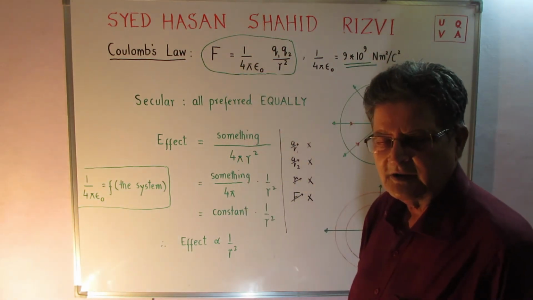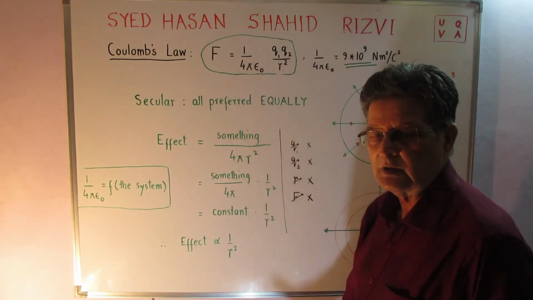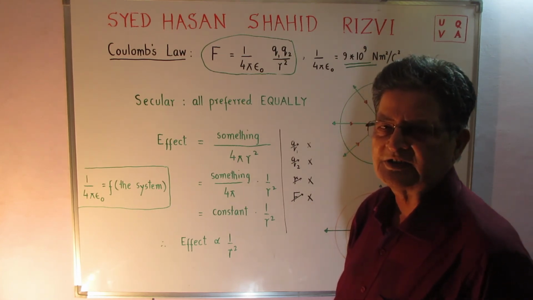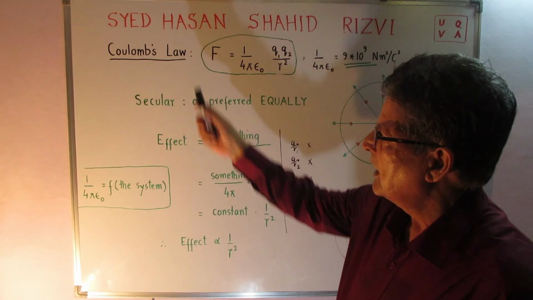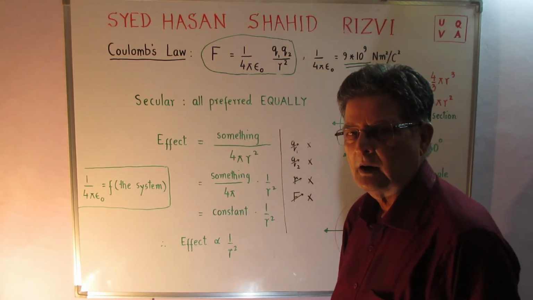Then calculate as to what will be the force between these two protons, not because of the gravitation but because of electrostatic Coulomb's repulsion. Okay?